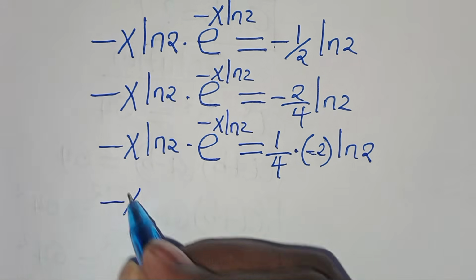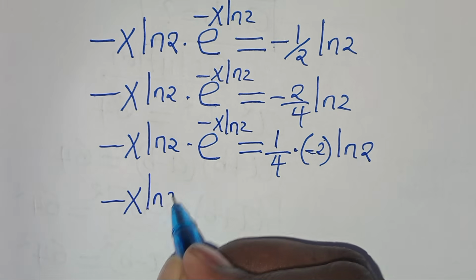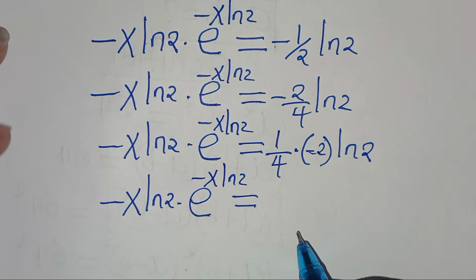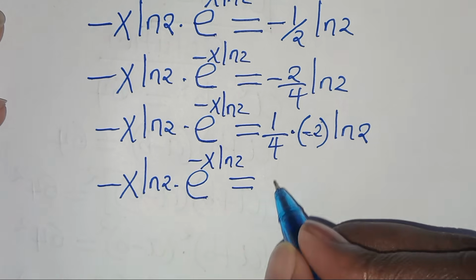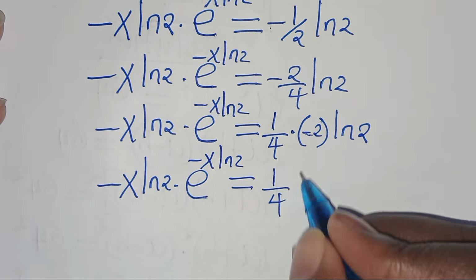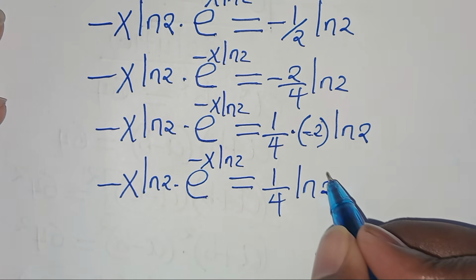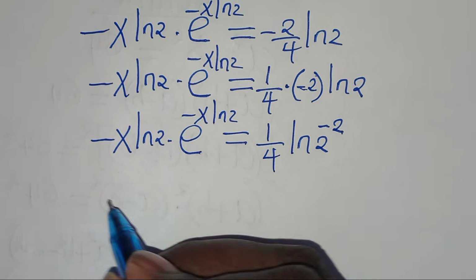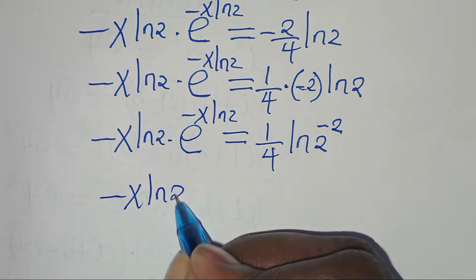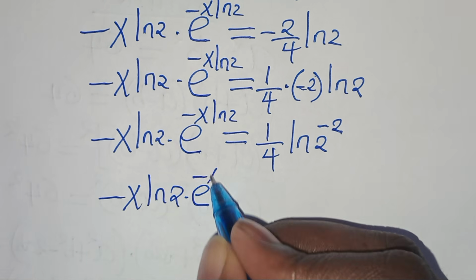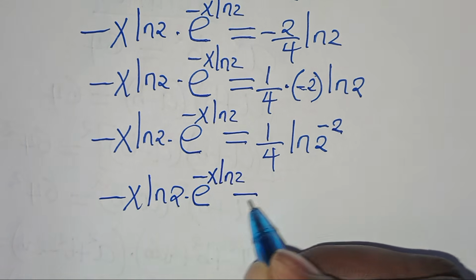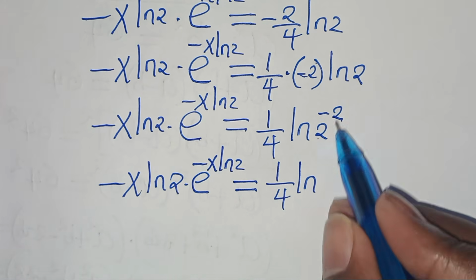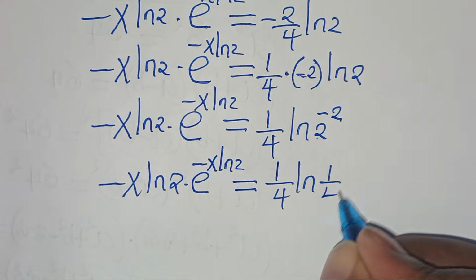So we can express this as negative x ln of 2 times exponent e to the power of minus x ln of 2, equal to 1 over 4 ln of 2 raised to the power of minus 2. This is the same thing as 1 over 4.